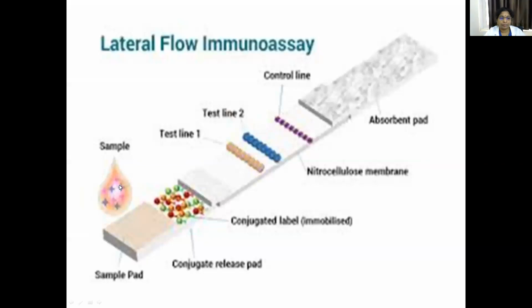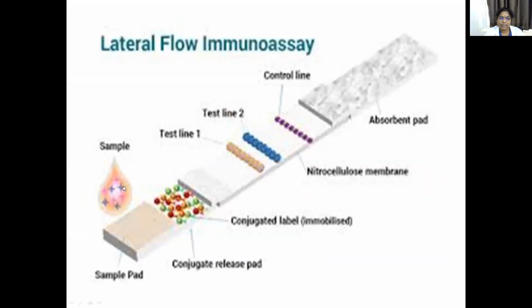Now when we add the sample, the antigen present in the sample will bind to the gold colloid conjugated antibody. They form a complex, and that complex will move further. In the test line, the capture antibody is present.